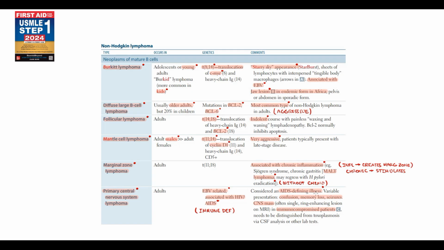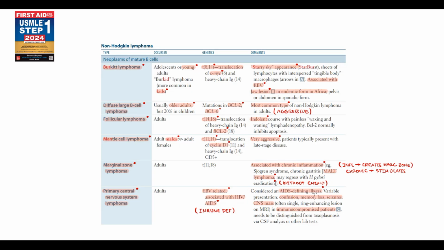It is an AIDS-defining illness. The mechanism: EBV, which in a normal immune system is kept latent and controlled, reactivates and drives B-cell proliferation directly in the CNS parenchyma in the absence of immune surveillance.